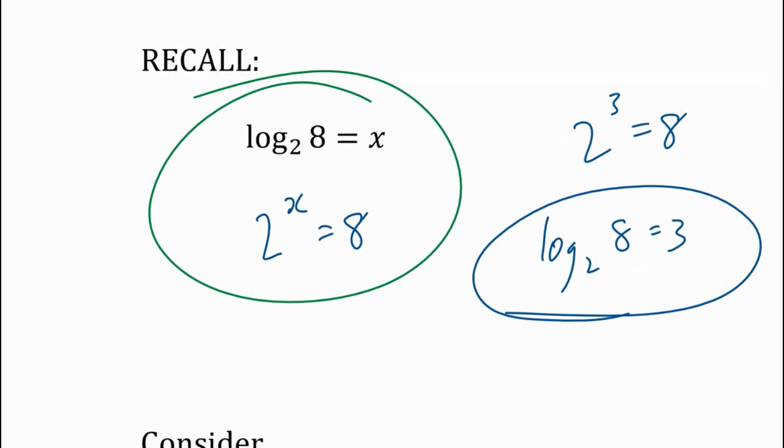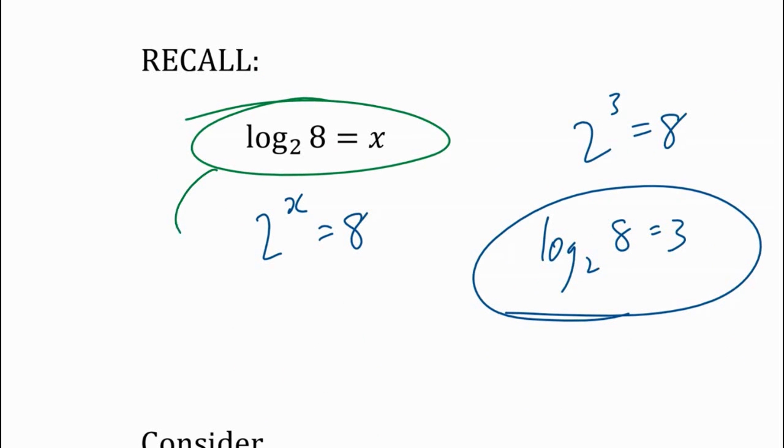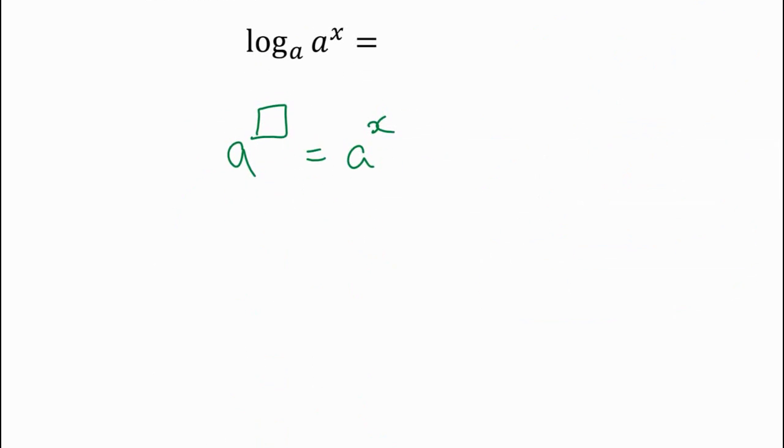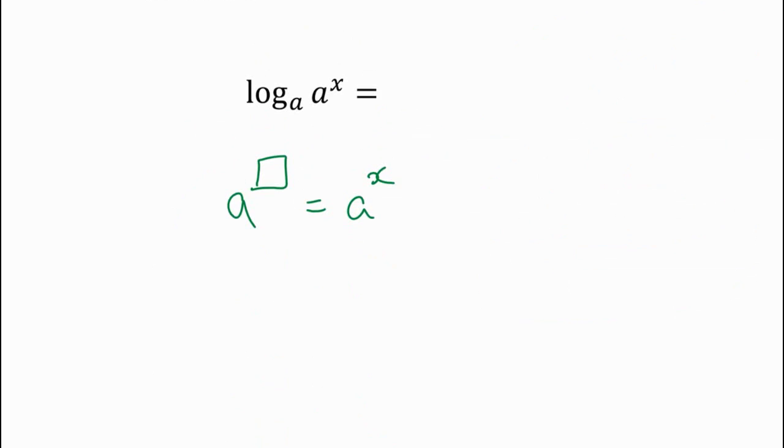If I can rewrite this like that, then when it starts to become variables, a's and x's, it gets a little bit fuzzier what goes where, but you just have to slow yourself down and focus and realize that this a to the x has to go over there, just like the 8 went over there when we rewrote the last one. So what's the answer?